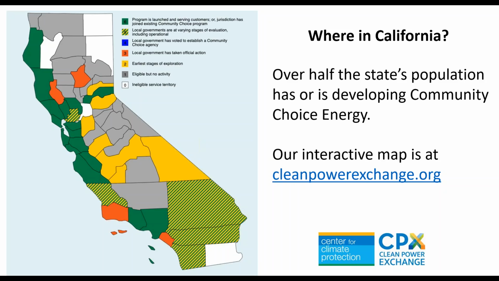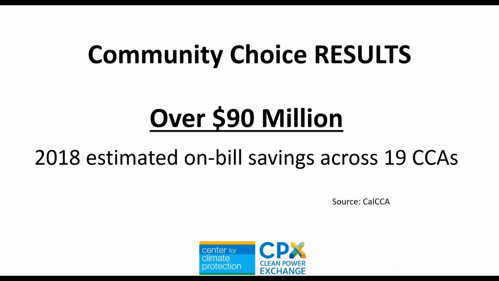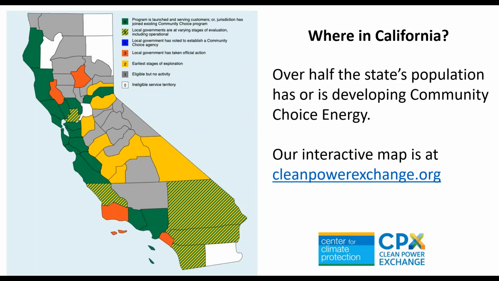So the green on this map is where the county itself has a live operational community choice program, and then the next level down is the crosshatch, yellow and green, where the county itself doesn't have community choice, but there are cities within that county that are operational, and then all the other colors are varying stages of evaluation of community choice. And so we do list on that map page, I'll just mention, we do list all the operational agencies, and they're all hyperlinked if you go to cleanpowerexchange.org and go to the map. It's pretty evident. Go ahead, next slide.